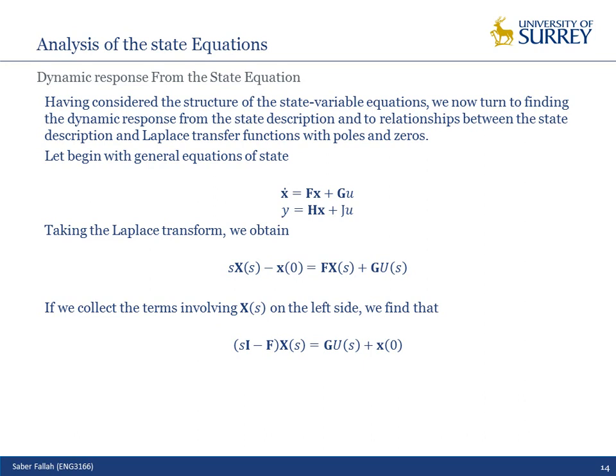I need to factor out this one, and here is the identity matrix. Correct? For example, if you have 3x minus x equal to 0 or whatever, you factor out 3 minus 1 times x, isn't it? Because you have a matrix, it will be the identity matrix instead of 1. So you have (sI minus F)X(s) equal to GU(s) plus x0.